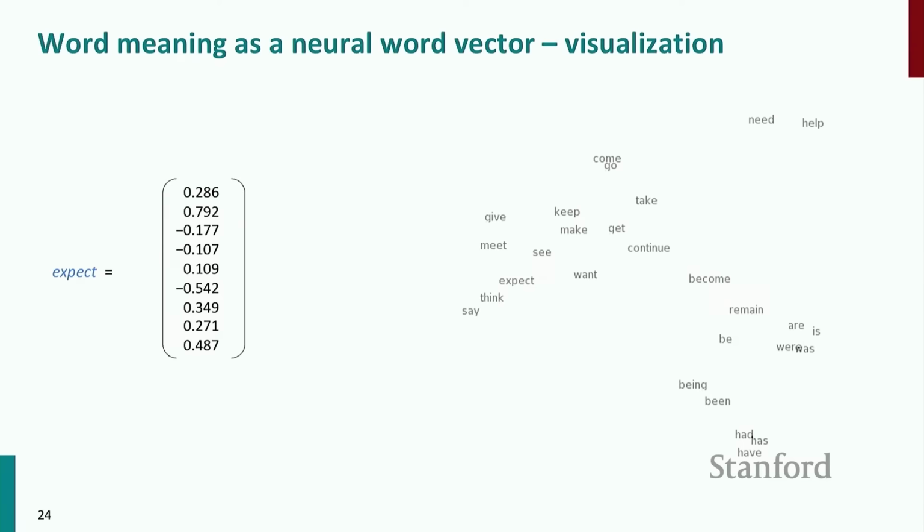Down the bottom you've got forms of the verb have, then you've got forms of the verb to be. Above them you've got become and remain, which are actually similar to the verb to be, because they take these sort of complements of state. Just as you can say, I am angry, you can say, he remained angry or he became angry, right? So those verbs are, more so than most verbs, similar to the verb to be.